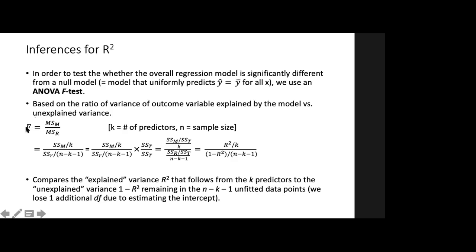And rather than using the sum of squares, we're using the mean sum of squares, expressed by MS here. Because the disadvantage of the sum of squares is that it depends on the number of observations, right? It's similar to the variance.